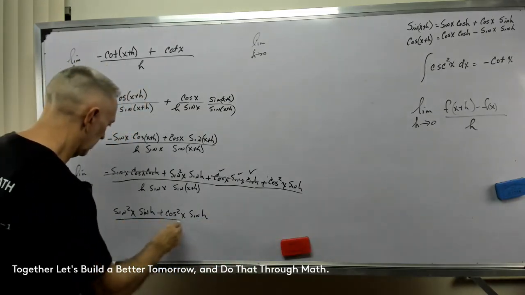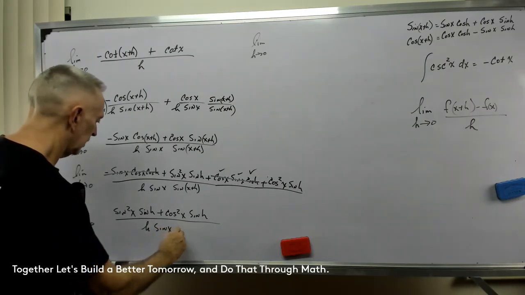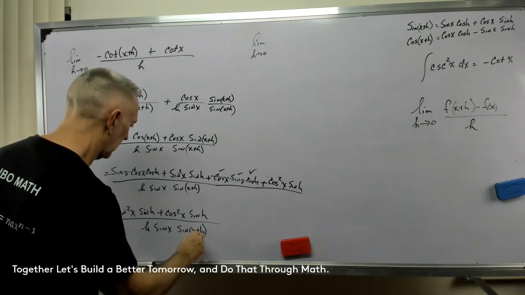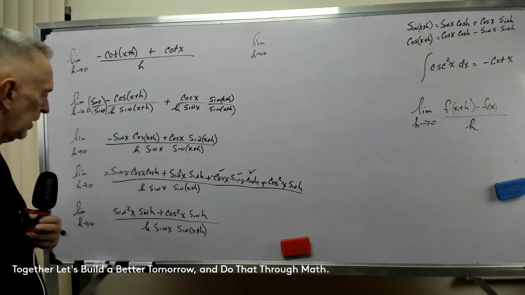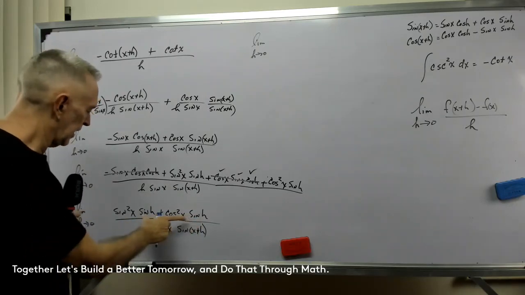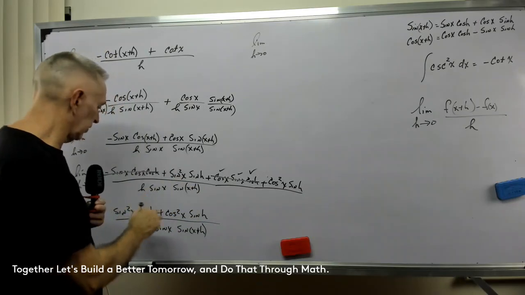All over h sine x sine x plus h. Okay, what to do now? I have a sine h and a sine h, so I can factor that out. This is working out really good here.